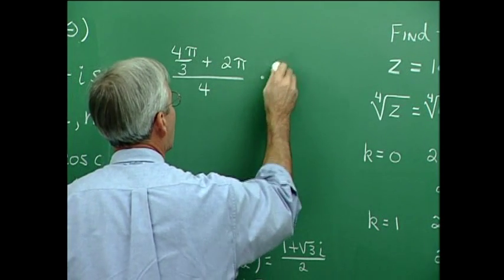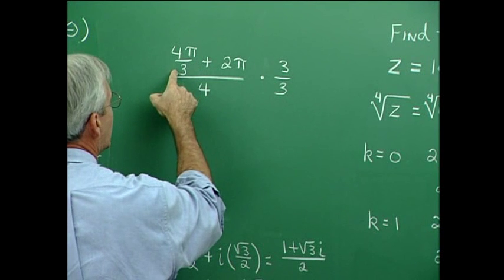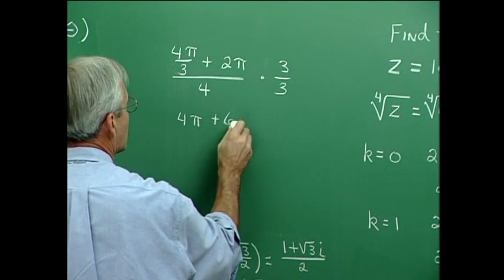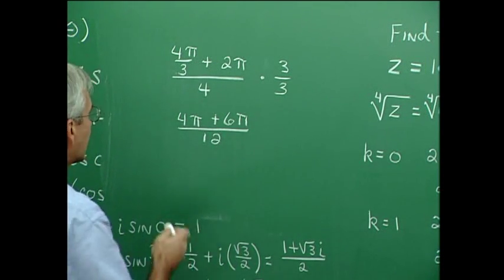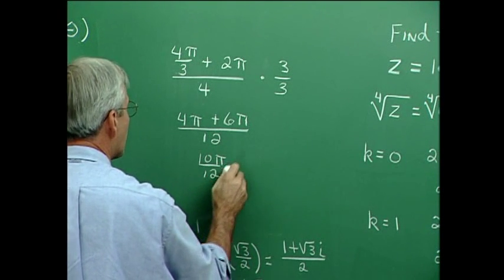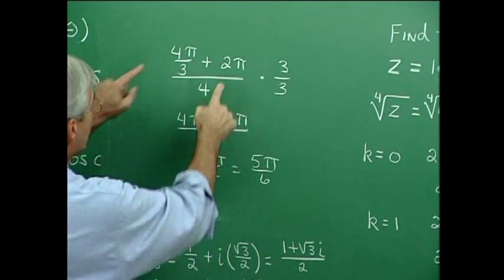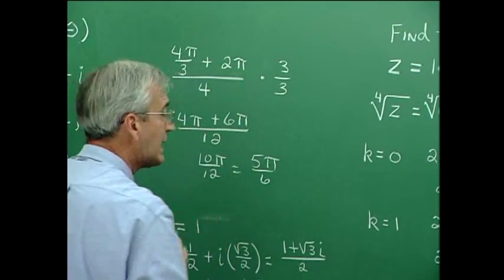If I just multiply this by 3 over 3, then in this big numerator I'll have a cancellation with that 3, so I'll have 4 pi plus 6 pi over 12. Let's use that technique. 4 and 6, that's 10 pi over 12, which reduces to 5 pi over 6. Another technique would be to just find a common denominator, collect these, and do this 1/4 idea.